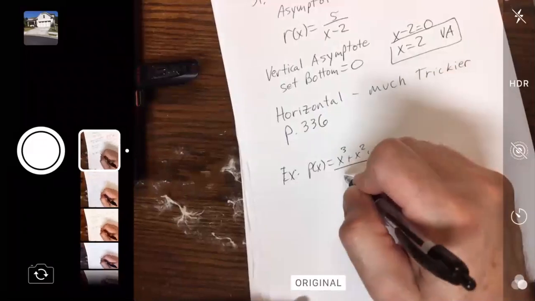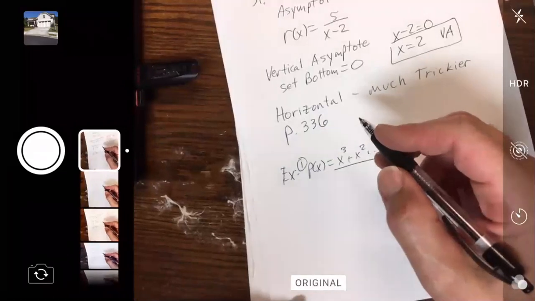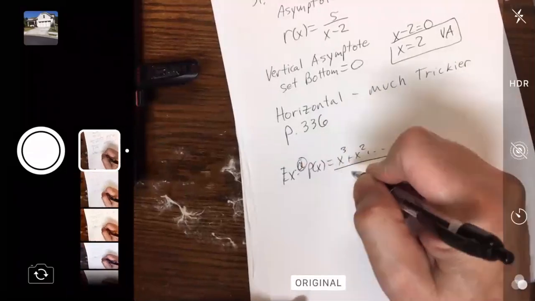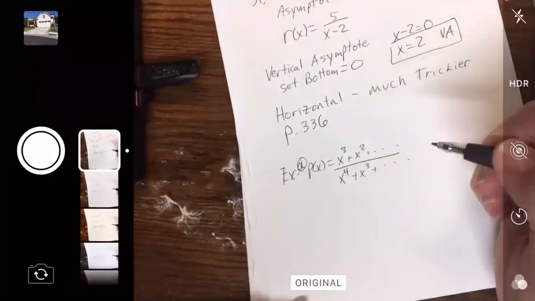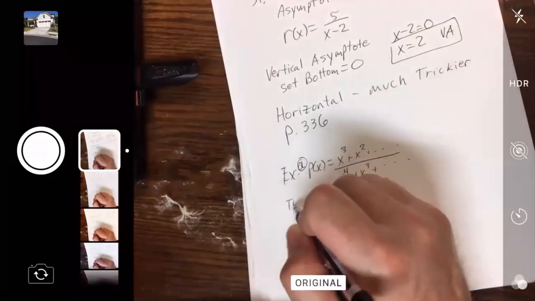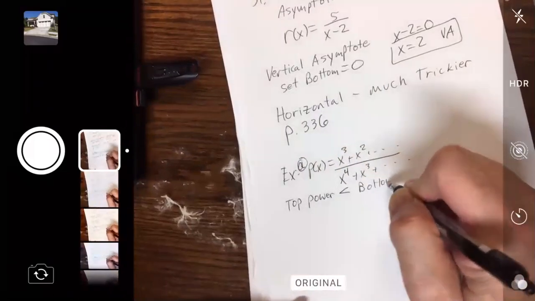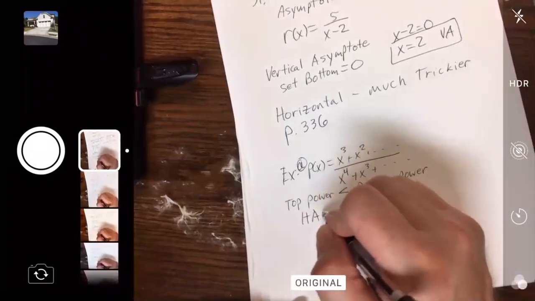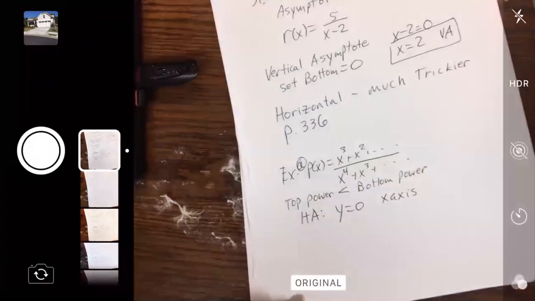And on the bottom, I've got, say, case 1, they're calling it case A, an x to the 4 plus an x cubed. I'm trying to fill in some numbers to make their gibberish a little more understandable. This is a case of top power less than your bottom power. Your horizontal asymptote will be y equals 0, which is the x-axis. Okay, that's what they're saying.